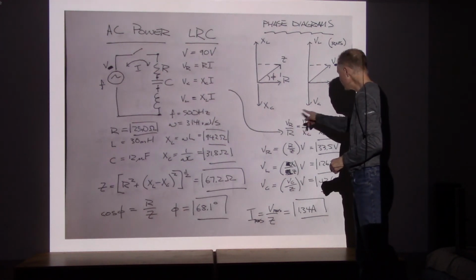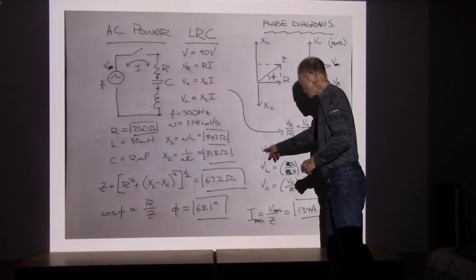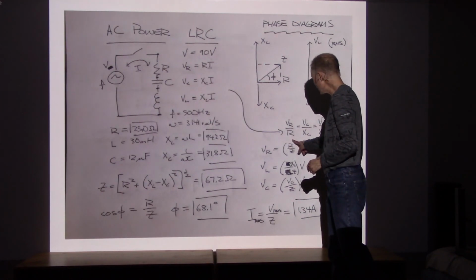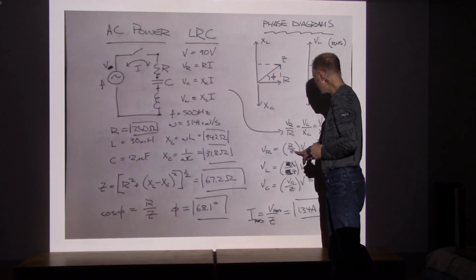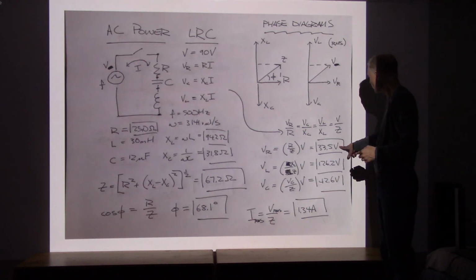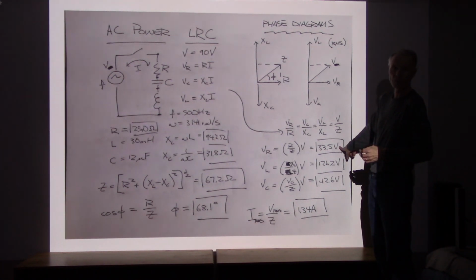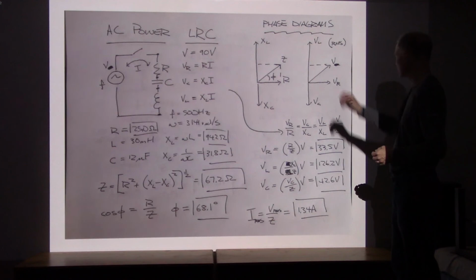So for each of the individual voltages, for the resistor, for example, I can take the resistance with respect to the overall impedance, multiply that by the voltage, and that says the resistor will have 33.5 volts across it from a total of 90 volts.